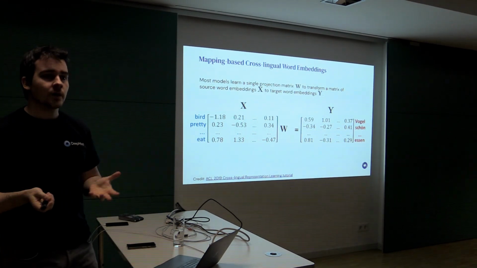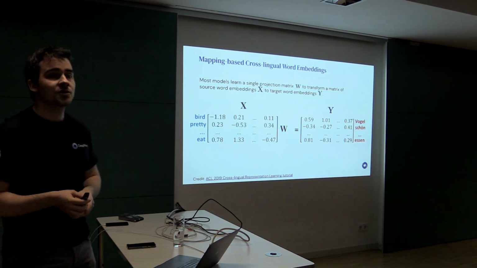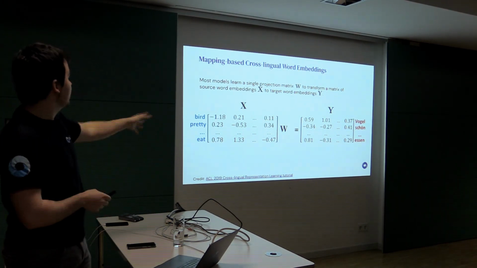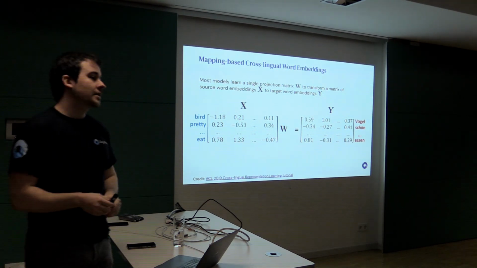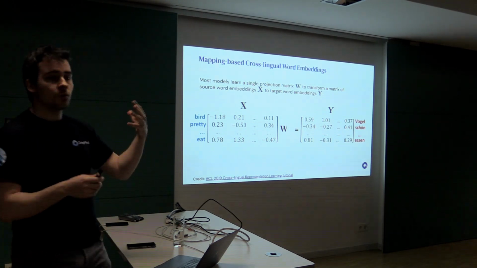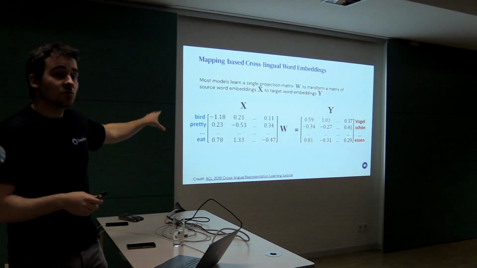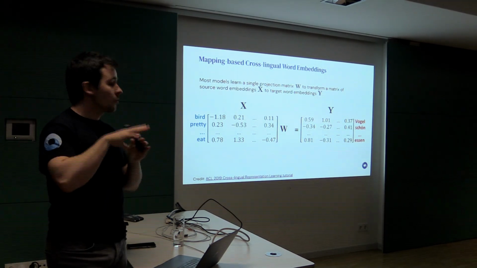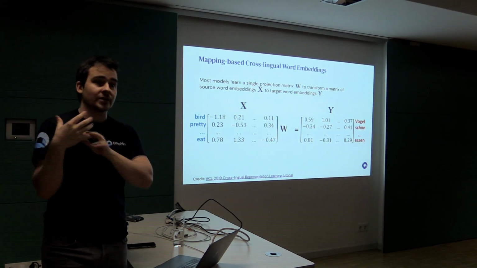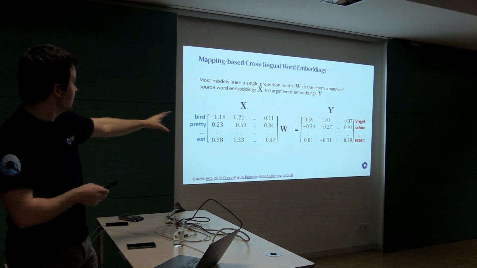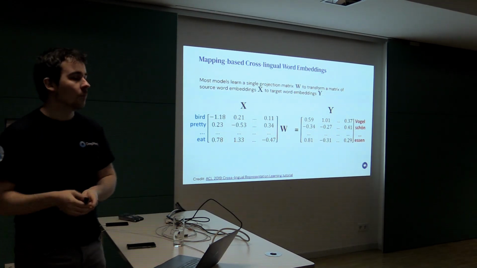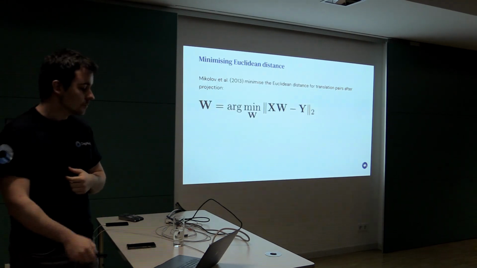And then the only thing we're trying to do in these mapping-based approaches is to find an alignment, just a linear transformation matrix that allows us to rotate and convert the embedding space of the source language so that words and their translations align in this projected embedding space, so that this projected embedding space is as close as possible to the original target embedding space.